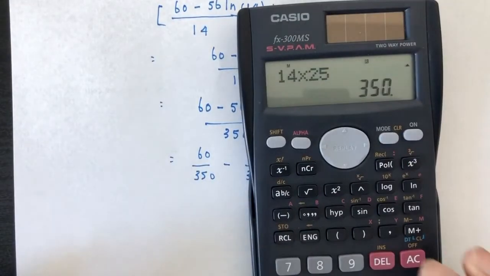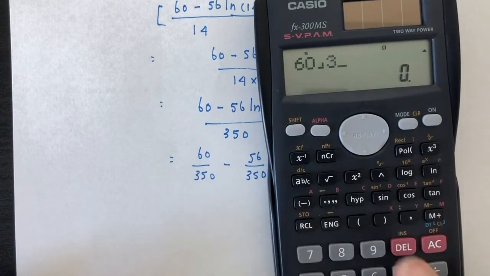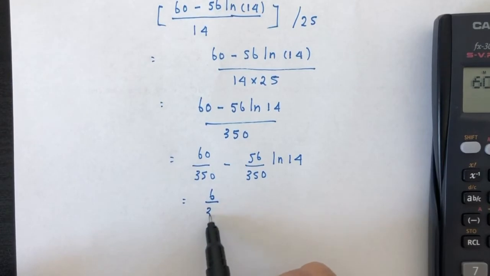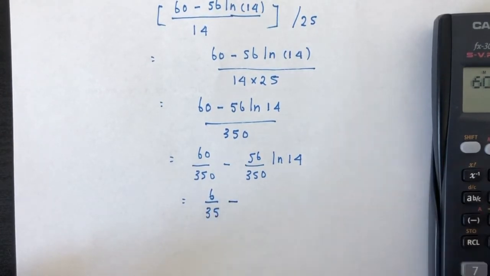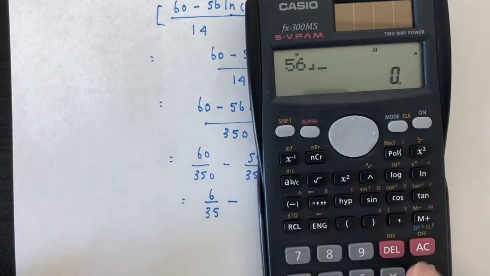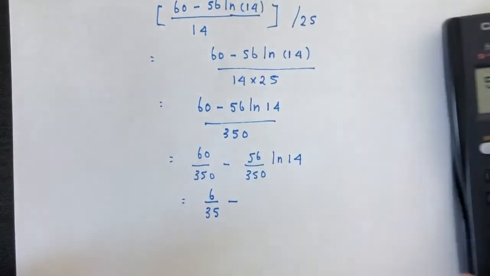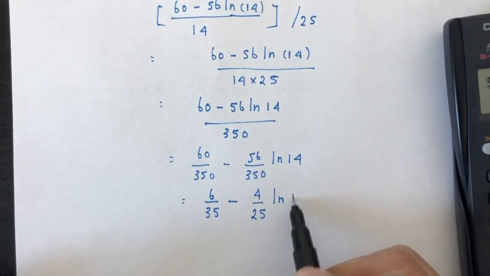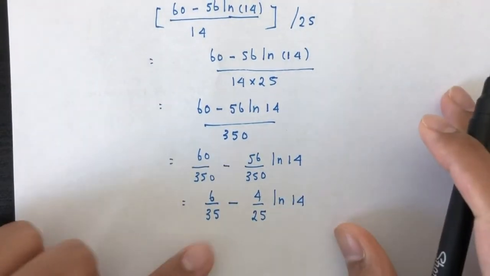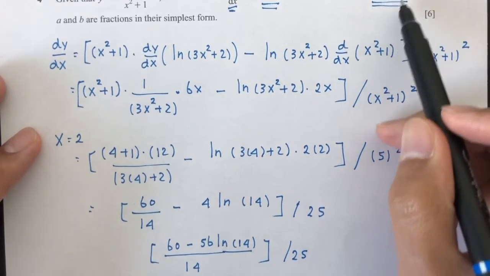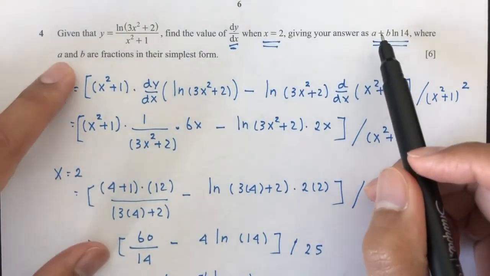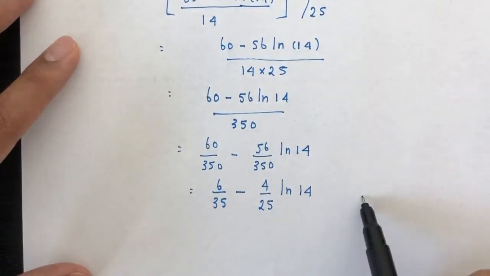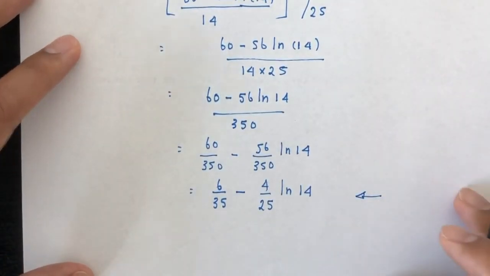For the first one, 60 over 350 will give me 6 over 35. 6 over 35 minus 56 over 350, which is 4 over 25, ln 14. So as you can see, your answer is in this form, where a and b are fractions in the simplest form. So this will be your answer for part 4, question number 4.